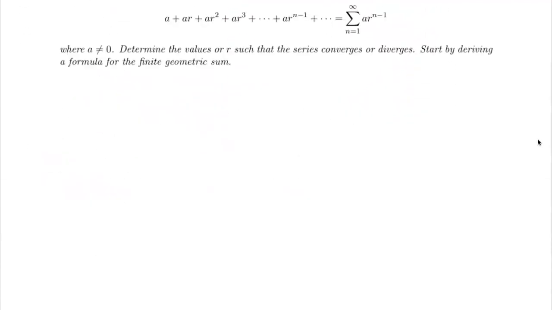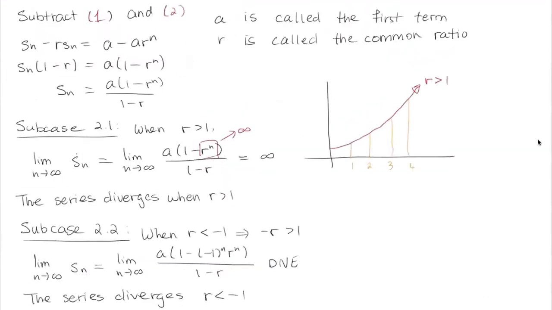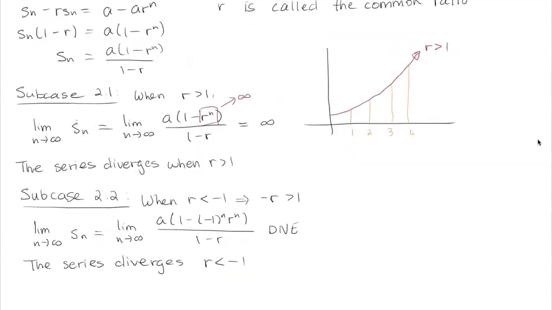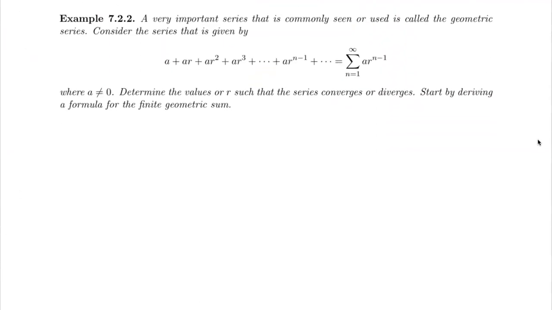So I'll copy the same page down here. We have two more subcases to look at. So now we're having a look at when r is smaller. Let's say that when r is between 0 and 1. Now, can r equal 0?